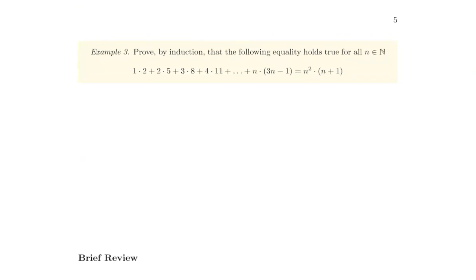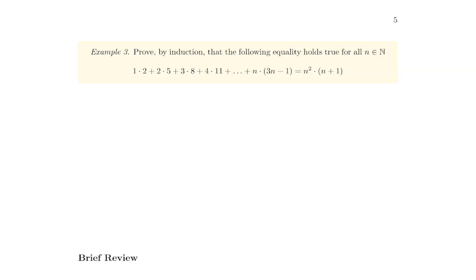What happens if the base case fails? You try the next one. If n equals 1 fails, then you try n equals 2. If it fails, you try n equals 3. But in that case, it's not for all natural numbers anymore.